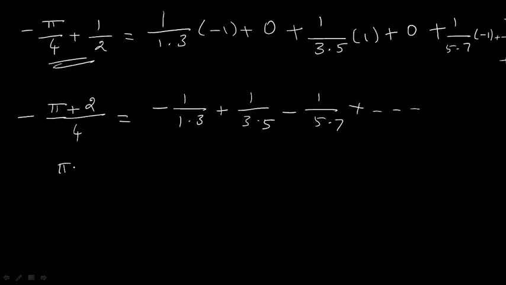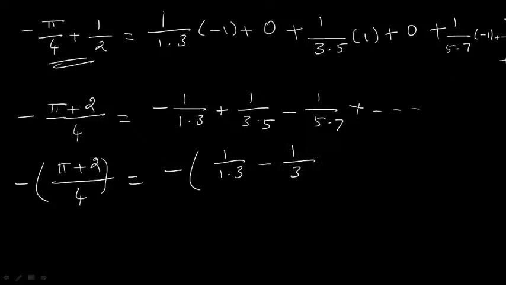What you get? Pi plus 2 divided by 4 is equal to, take minus outside and we are going to cancel minus on both sides. Okay. So 1 over 1 product 3 minus 1 over 3 product 5 plus 1 over 5 product 7 minus etc. These two minus signs are cancelled.